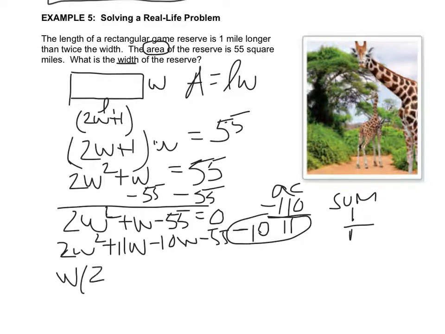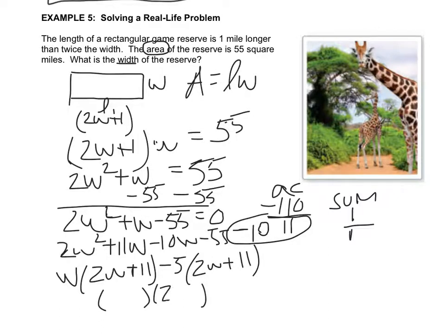When I take that out, I'm left with 2w plus 11, and that will close off the first group. When I look at the second one, I can see a negative 5 in both of those. So I'm going to take out negative 5, and that's going to give me 2w plus 11, which works out. We need that to happen, which then means my final factoring is 2w plus 11 times w minus 5.